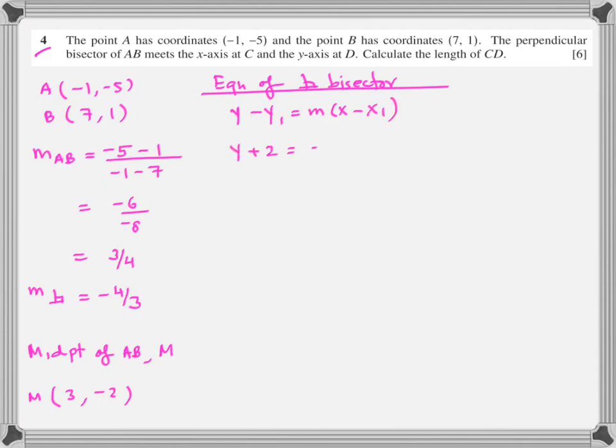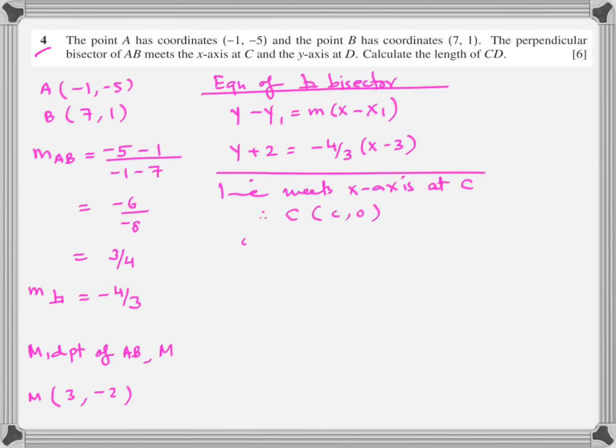There's no need of expanding the equation unless you have to solve it in a particular manner. You have to write it in a particular manner according to the examiner's requirement, or you might need to expand it when you want to solve it for simultaneous purposes. Now, it says it meets the x-axis at C, therefore the y coordinate is 0.